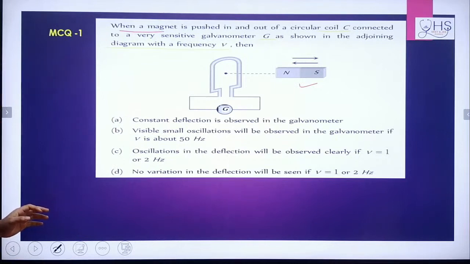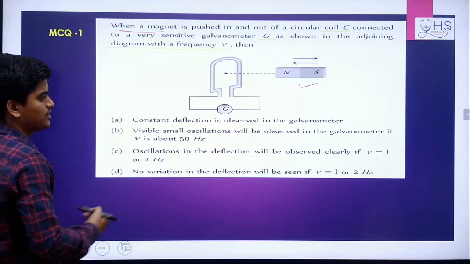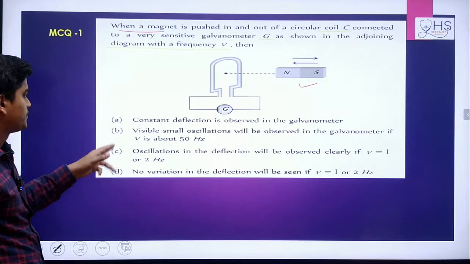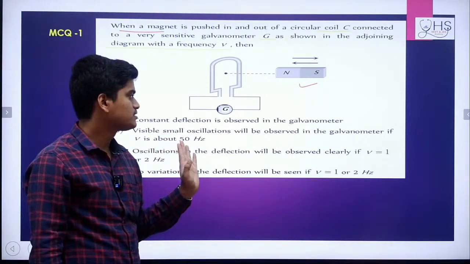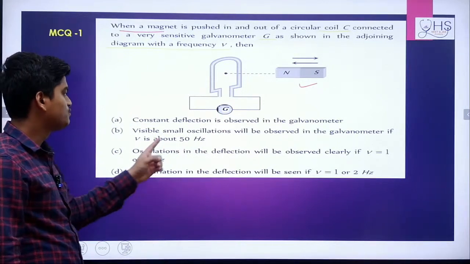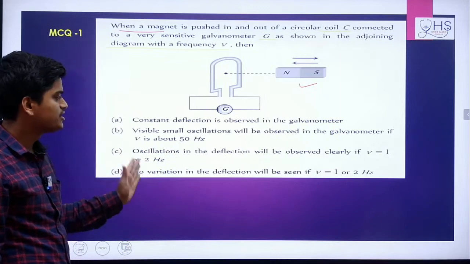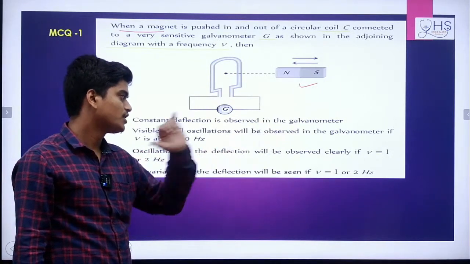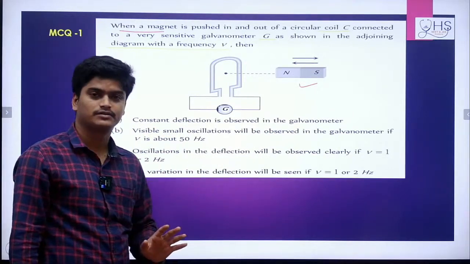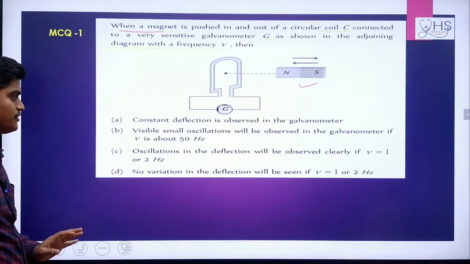First, constant deflection is observed in the galvanometer. Second, visible small oscillations will be observed in the galvanometer if the frequency is about 50 Hz. Third, oscillations in the deflection will be observed if the frequency is 1 or 2 Hz. And fourth, no variation in the deflection if the frequency is 1 or 2 Hz. So these four options are given.